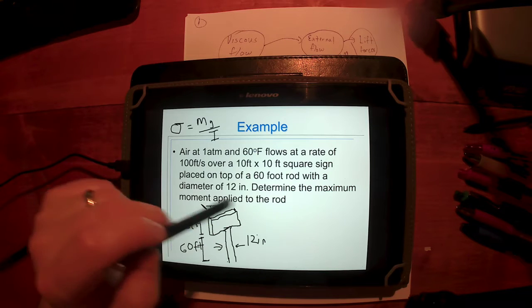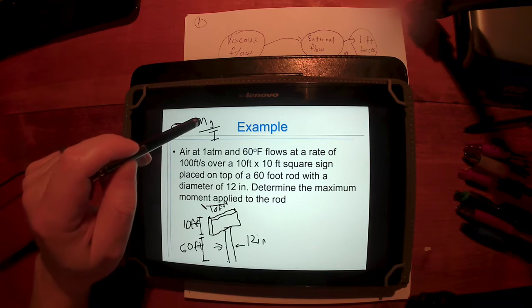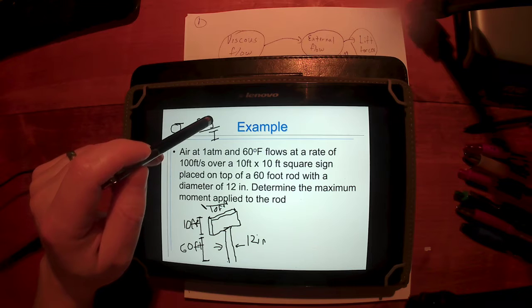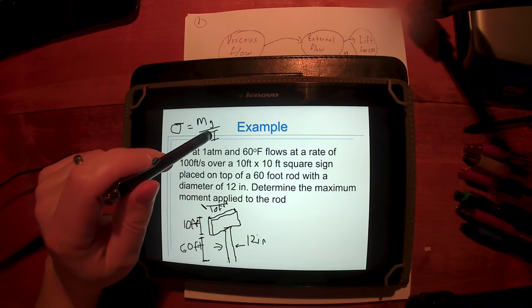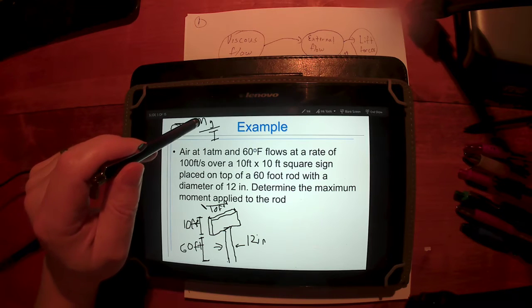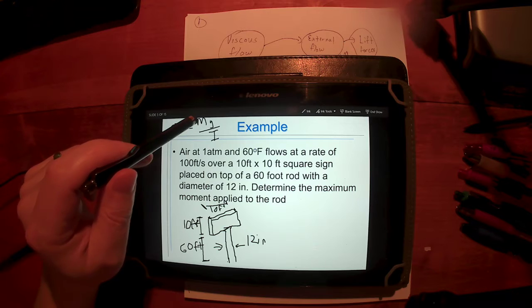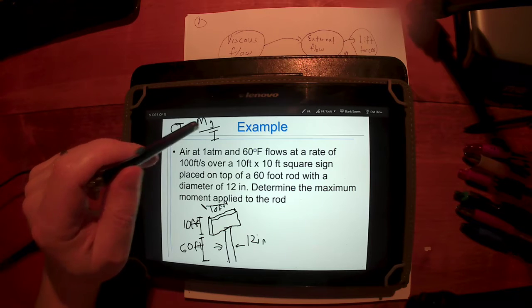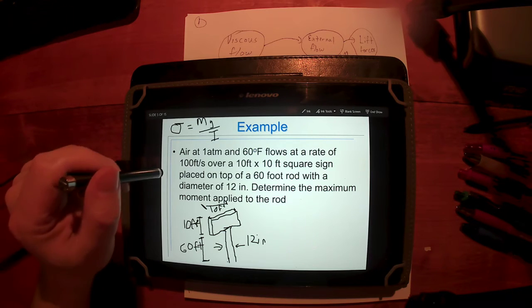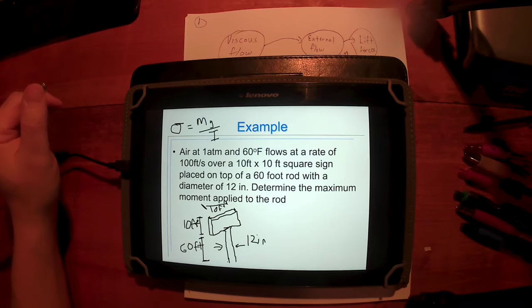The maximum moment, this is the moment times the distance to the neutral axis, divided by the moment of inertia, which is based on the shape of the object. These two you're not going to be able to control. This is what you can control, your variable, the maximum moment. The higher the moment applied, the higher the stress, and all material can only withstand a certain amount of stress before it breaks.